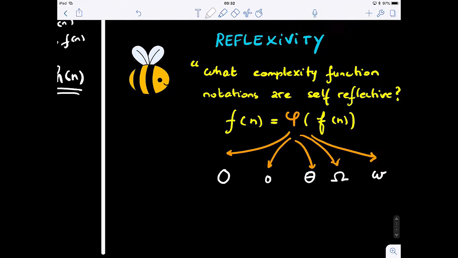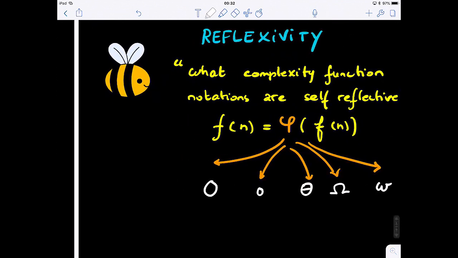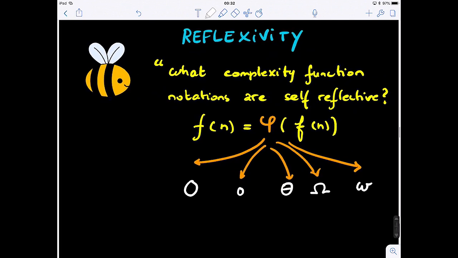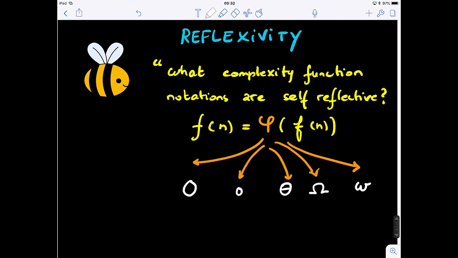Now, let's look at the second rule, which is called reflexivity. I will give you 1 minute to think about this. Which complexity function notations are self-reflective? Self-reflective means that if I write f of n is in the order of itself, it's still correct.